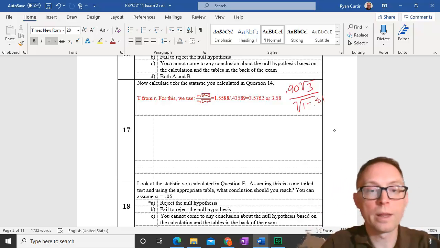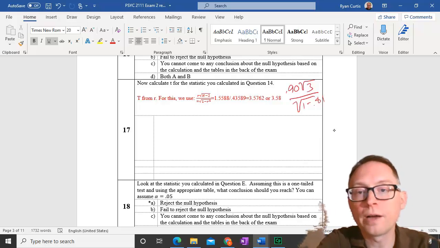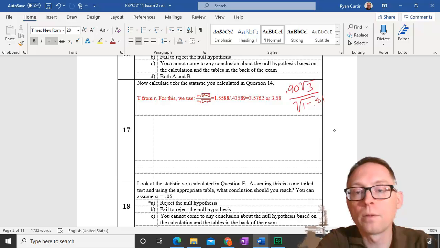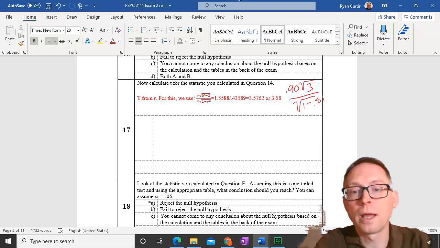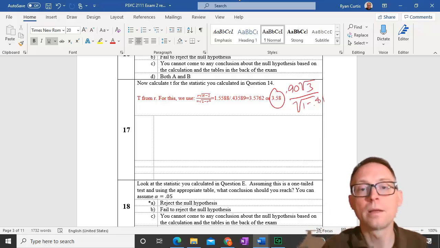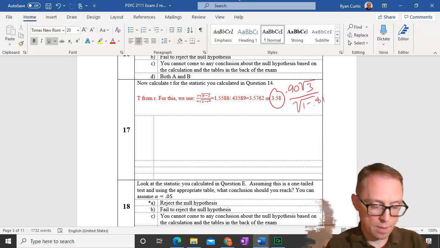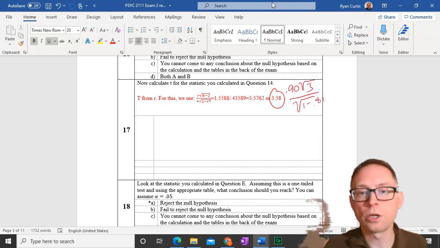And when you do those calculations, you end up with 1.5588. So 0.90 times the square root of 3 is 1.5588, divided by the square root of 0.19, which is 0.435. And then you get 3.58. That's going to be our t. Our t is going to be 3.58. Okay? Let me just check my math. Yep, looking good. So 3.58 is the right answer.